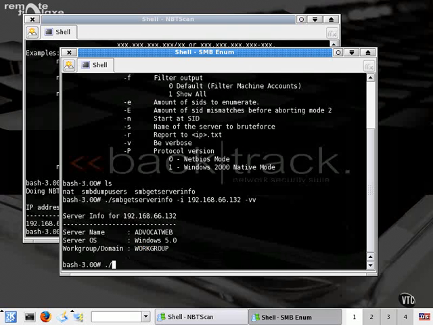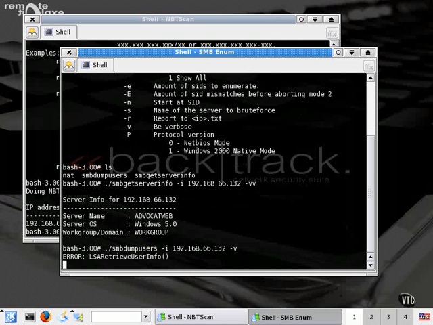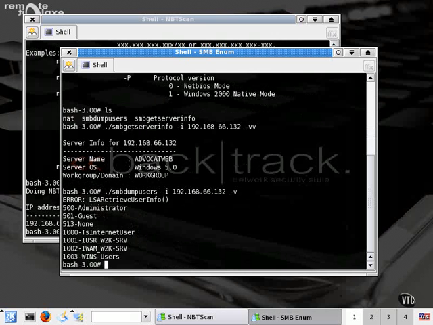So at this point, we might try to get some user information. And this is really where the detail comes into play of what we're really looking for. There you go. Now the beauty of this is, in addition to telling us the user name, it tells us the abbreviated security identifier.